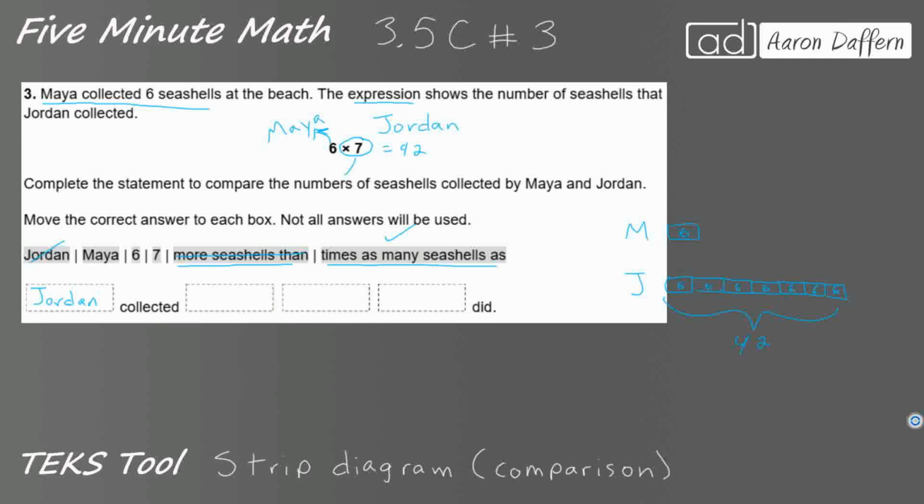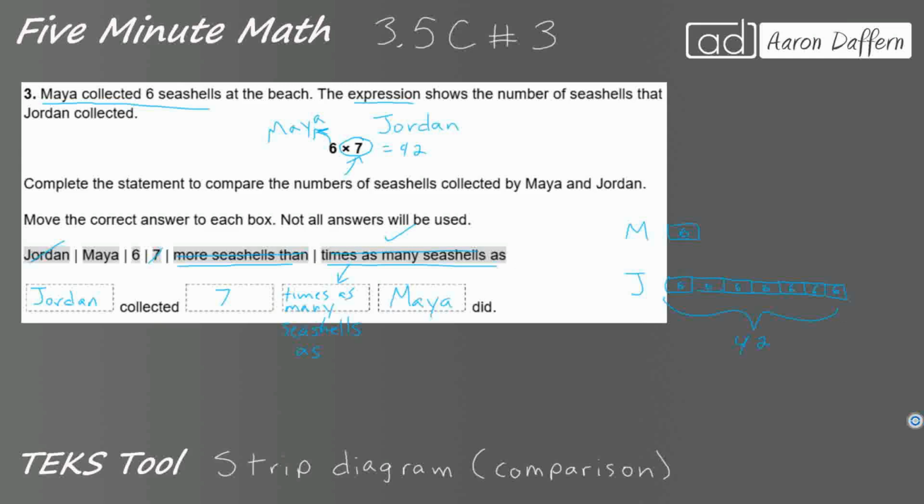Remember, Jordan's expression said times 7. So I'm going to say that Jordan collected 7. Maya? No, that's not going to work. 7. This is where this finally goes. Times as many. I'm going to have to kind of cheat and go underneath seashells as, and then Maya is our last one.